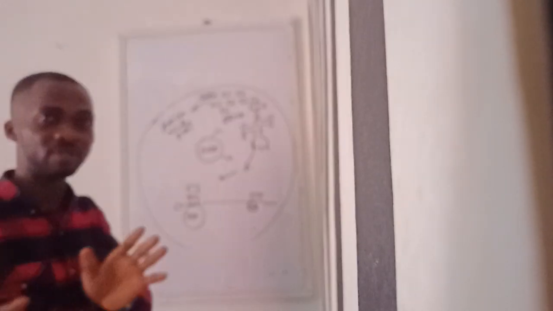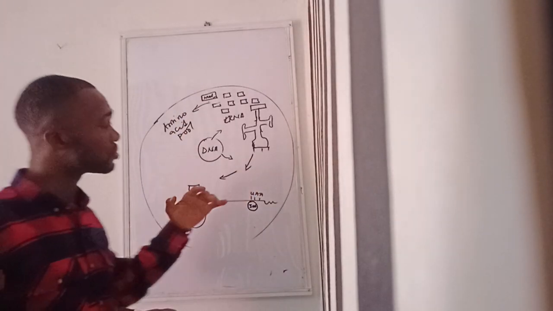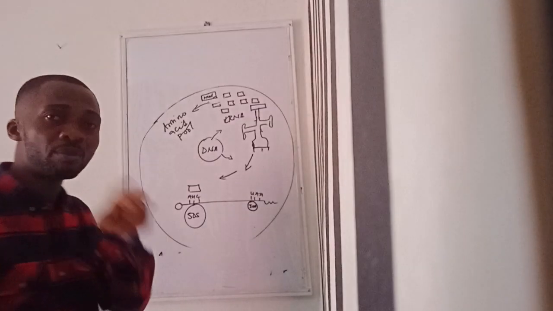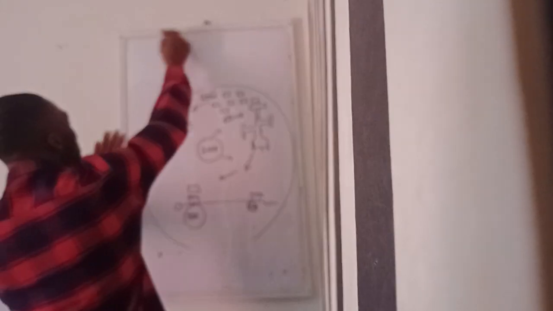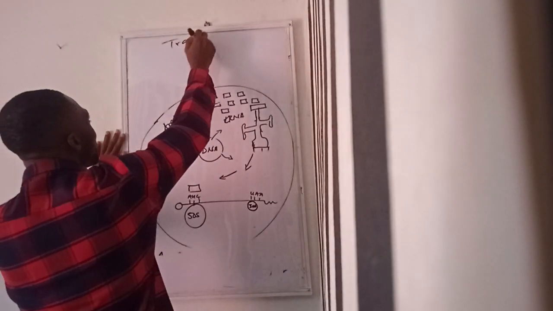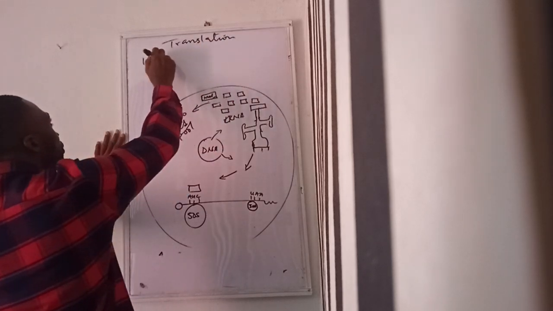My emphasis now is on the stages in translation, because that is where the actual protein synthesis occurs. So under translation, the second step in protein synthesis, we also have initiation.